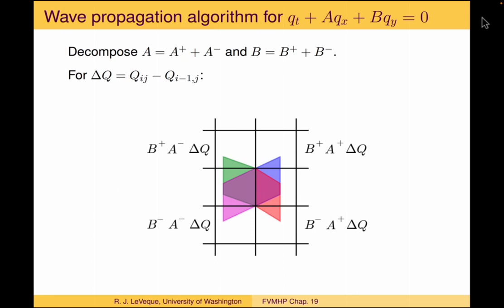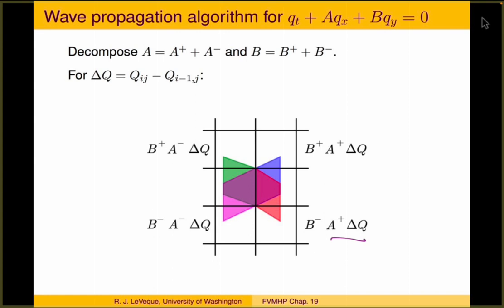And in the case of constant coefficient acoustics, it would be natural to take, say, the right-going fluctuation, A plus delta q, and simply split that into the eigenvectors of B, where B is the acoustics matrix in the y direction. And in the constant coefficient case, we could use that same B matrix to calculate the upgoing part and the downgoing part. But in the variable coefficient case, those eigenvectors of B are going to be different in the cell above than they are in the cell below. And both of those are potentially different from the cell that we started out in.